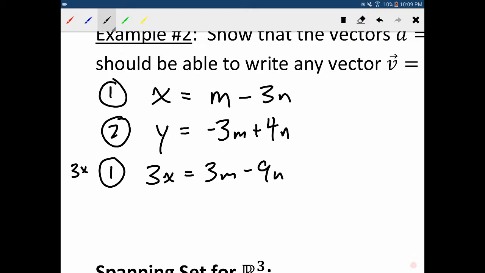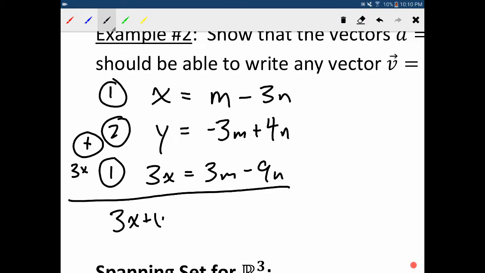Now if I add these two using elimination, I have 3x plus y is equal to, these two cancel each other out, and we're left with negative 5n, because we have 4n minus 9n.